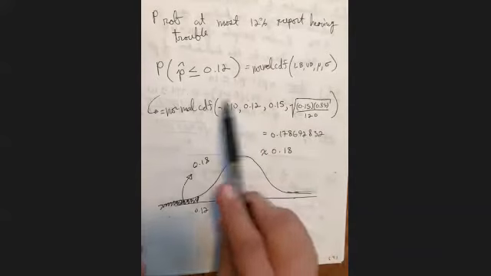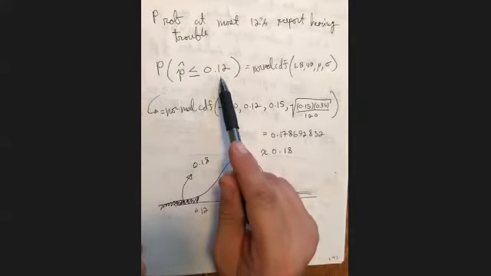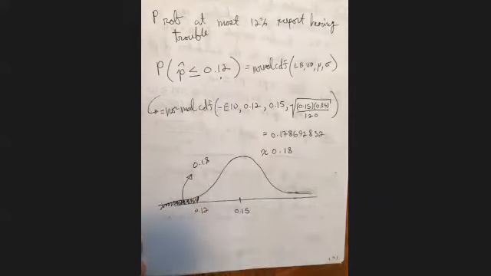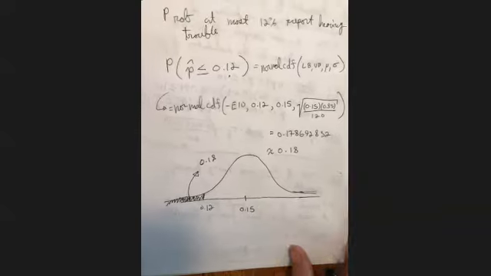And it turns out that all the samples that have a sample proportion less than or equal to 0.12, or 12%, is as little as 18%. So that's the way to think of it. 18%, or 18 out of 100 samples, will have a sample proportion less than or equal to 12%.